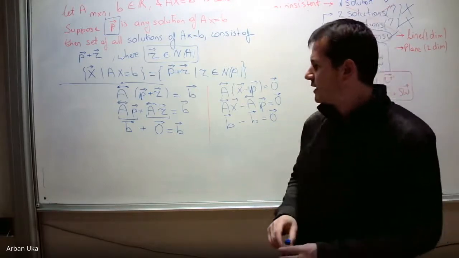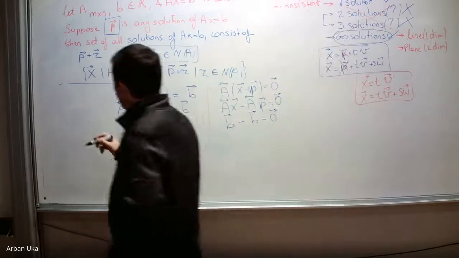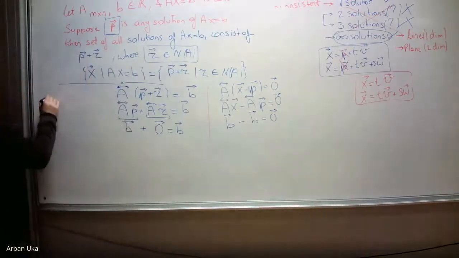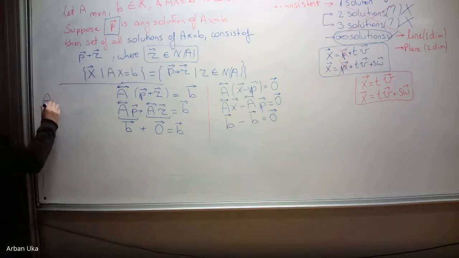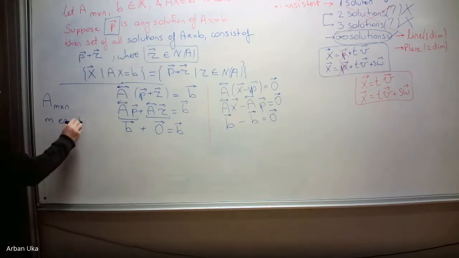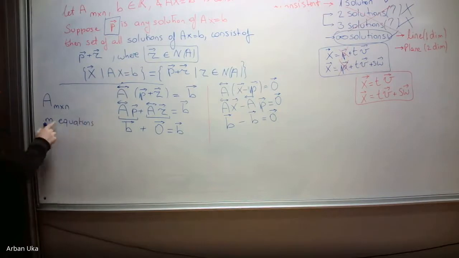Why do we have free variables? We have free variables because of the number of unknowns. If A is m by n, what is the number of equations? We have m equations. What is the number of variables? n unknown variables.